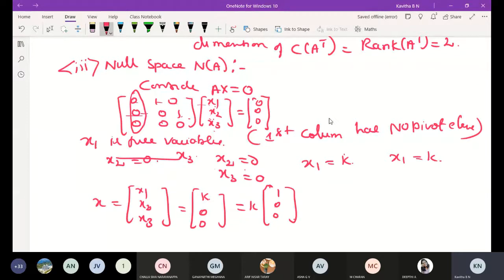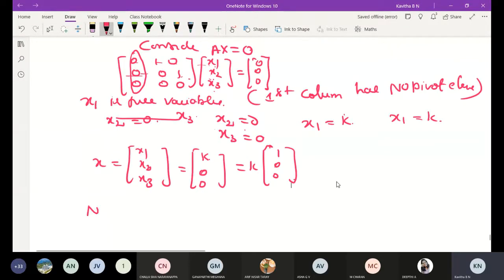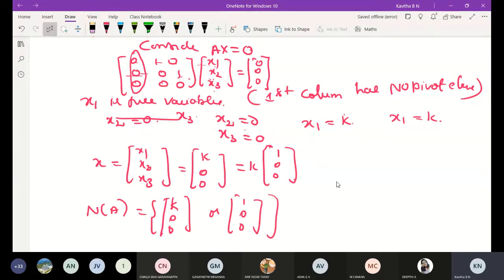Then the null space of A is k[1, 0, 0]. The dimension of the null space is equal to 1 only. We are writing n minus r, where n is 3 and rank is 2, which gives 1.